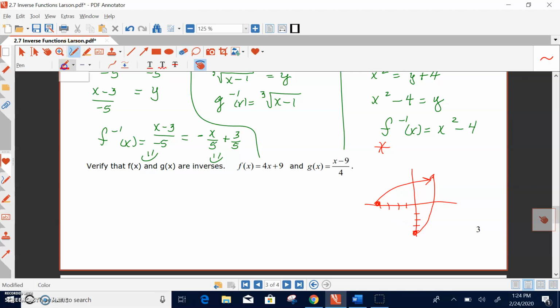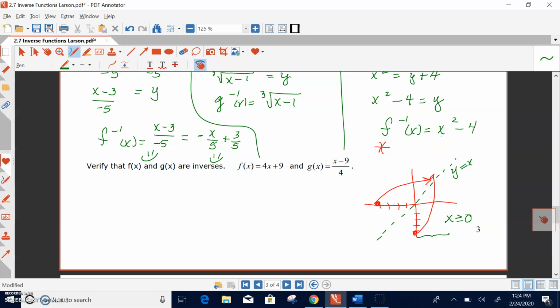Notice if I cut that left half off, I've got symmetry across this line, y equal x. So my parabola is just going to be the right half of my parabola, and so I need a restriction that x has to be greater than or equal to 0. That's this part of the parabola.